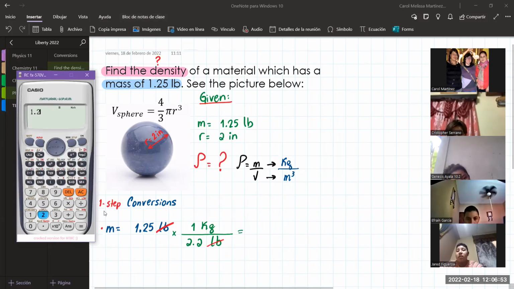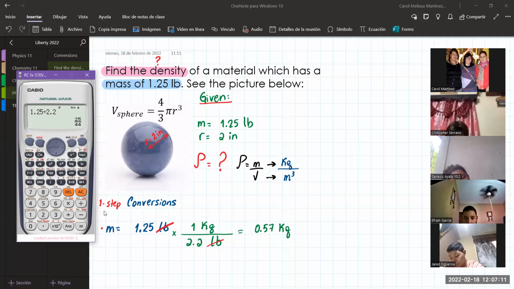So 1.25 divided by 2.2 is 0.57 rounded, 0.57 kilograms.